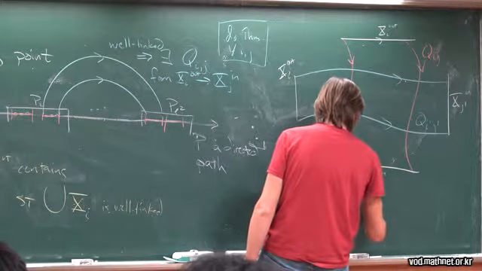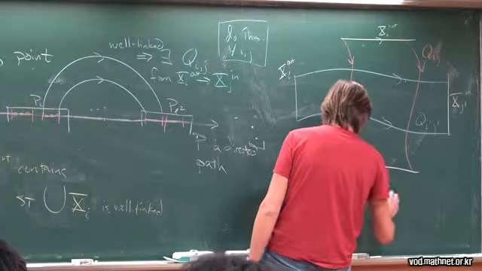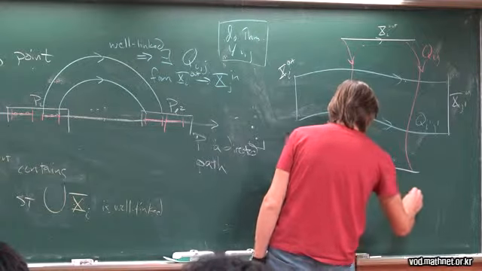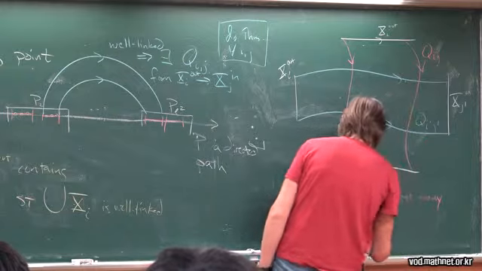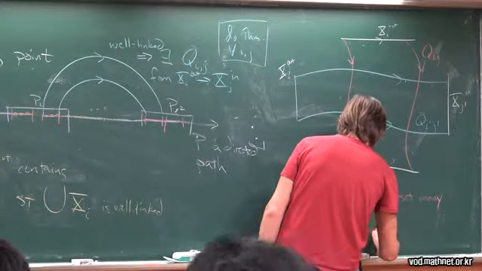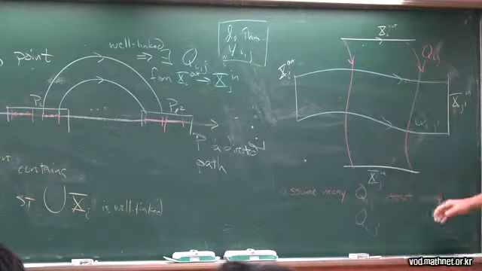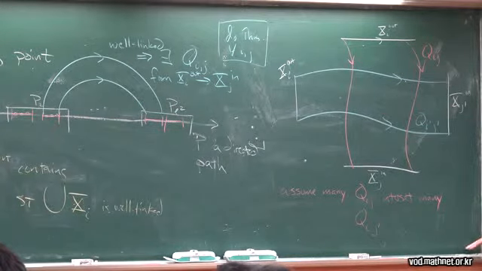Many Qij intersect many Qi prime j prime. So I get a very large pairwise intersecting system here.